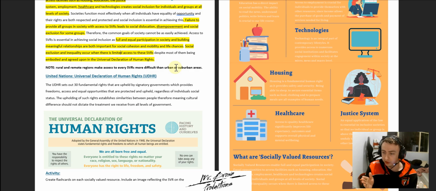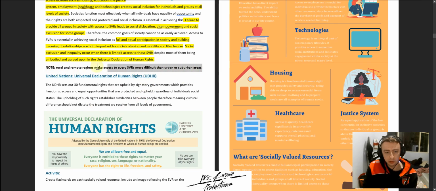It's also important to refer to that if your HSC question is looking at the negative side of having a lack of access to an SVR. So you can say it's a bad thing because it's a human right. It's something that everyone is bound by and that everyone is entitled to just for being born a human. So therefore, if they don't have it, they're experiencing exclusion. So it's really good to always reference it back to a human right, and that's why we've got that here.